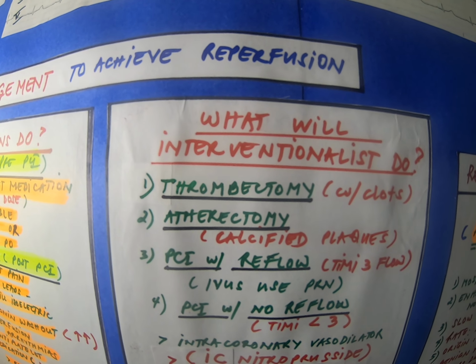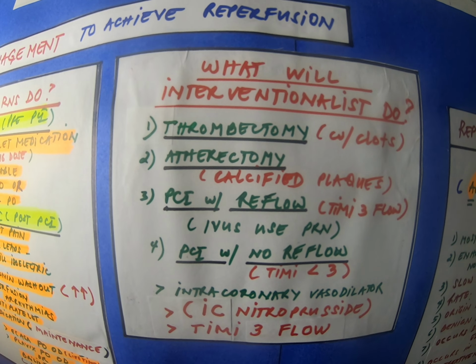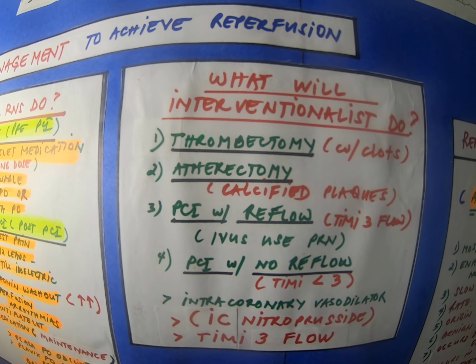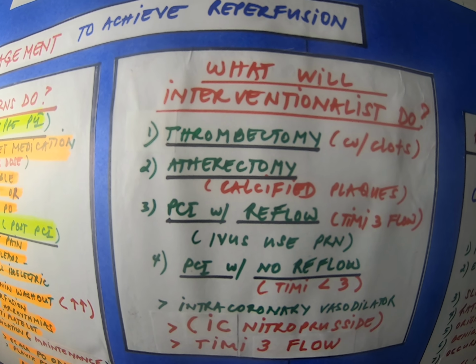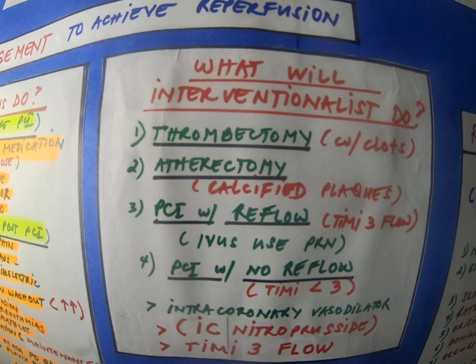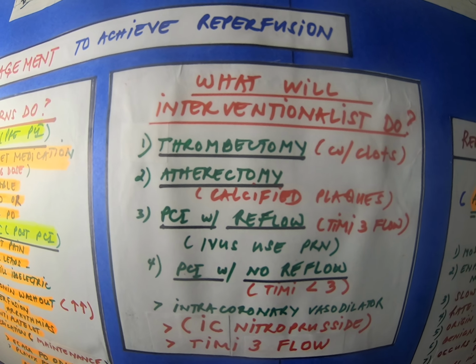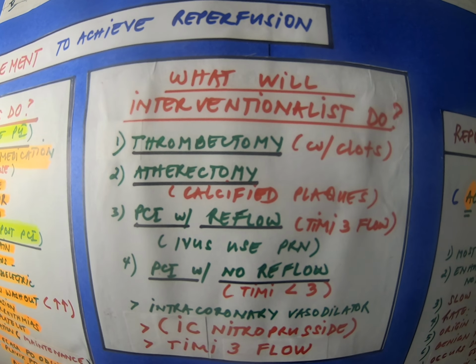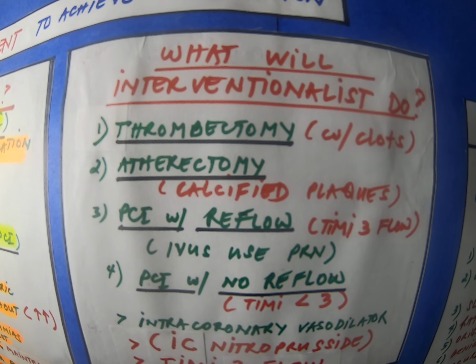There is also the use of IVUS. IVUS is an intravascular ultrasound which looks inside the coronary arteries and assesses the plaque, or even the stent deployment. Some interventionalists use it, some don't. The bottom line is we want a reflow of TIMI 3, and that is the aim of our interventionalist, so the job is done.